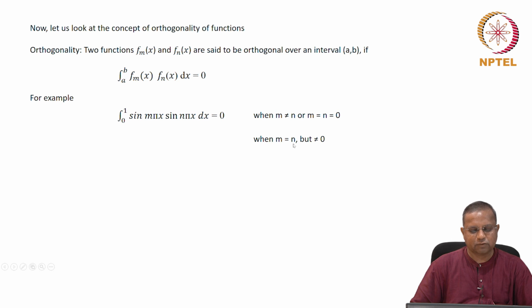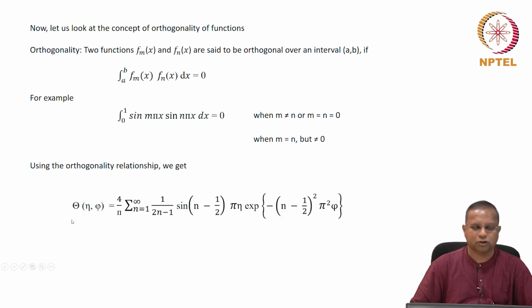But when m equals n but not equal to 0, also this is the case. And using the orthogonality relationship, we get the solution as theta of eta and phi equals 4 by pi times the sum from n equals 1 to infinity of 1 by 2n minus 1, sine of (n minus half) pi eta, exponential of minus (n minus half) squared pi squared phi.